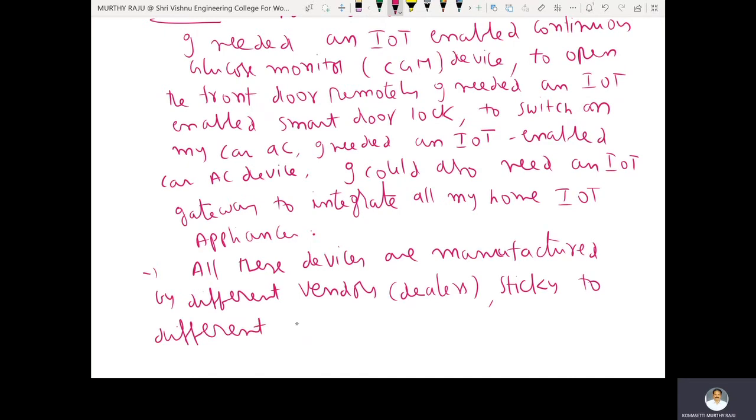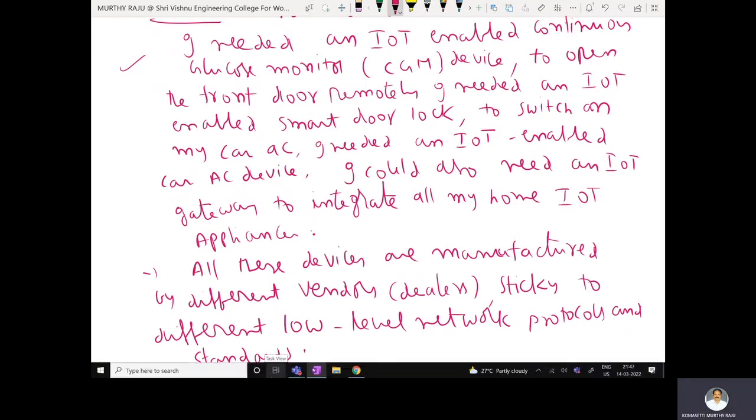Here, different devices are used to examine different applications, and all these devices are manufactured by different dealers with different low-level network protocols and standards.